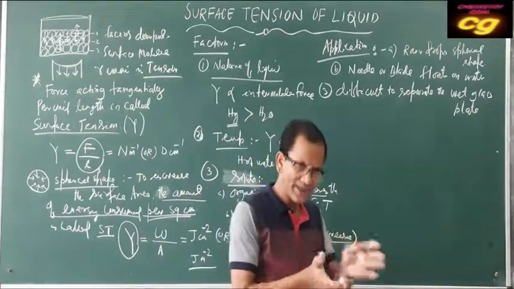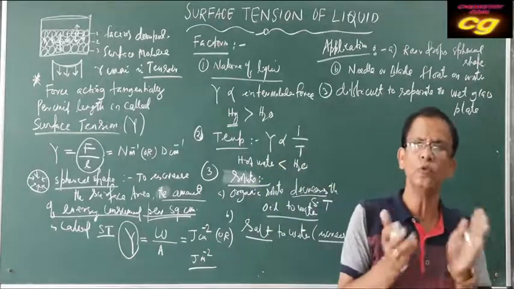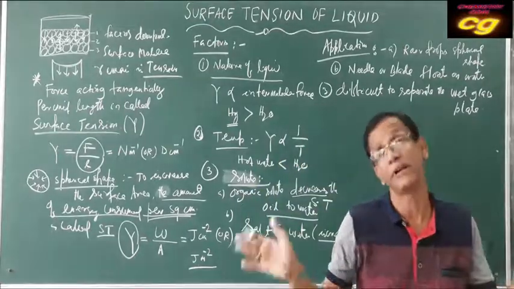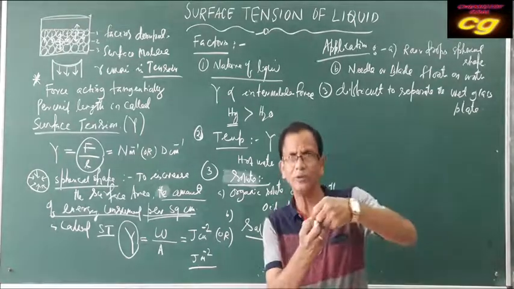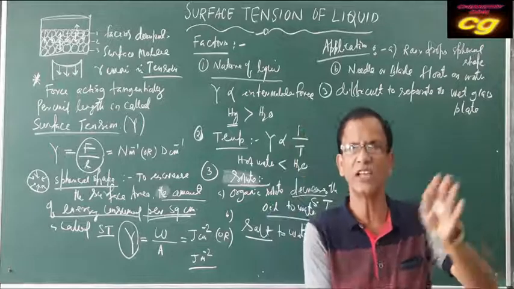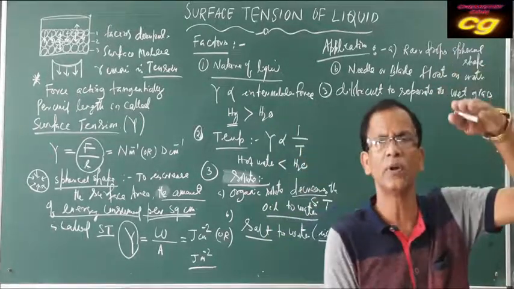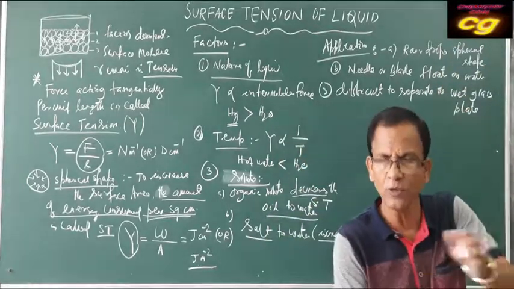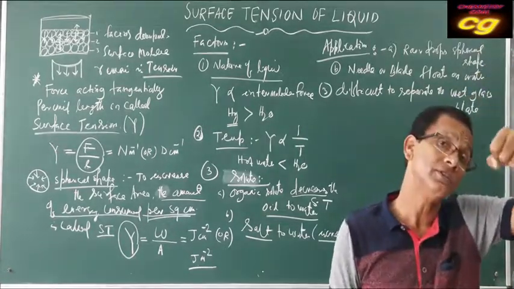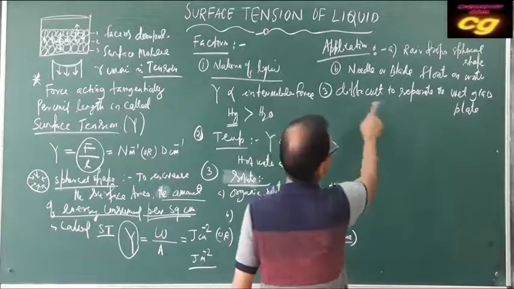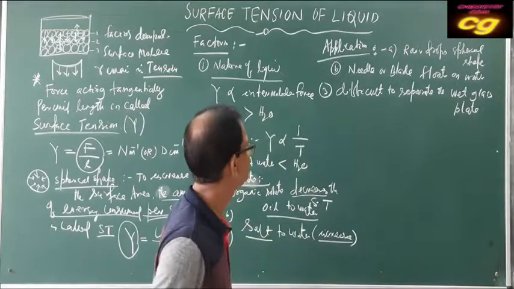If the glass plate is wet, then it is very difficult to separate. This is due to surface tension. Due to surface tension, the water molecules attract the glass plates on both sides, the upper glass plate and the lower glass plate, and in between the water molecules remain. Water molecules attract the glass plate due to what? Surface tension. So it is difficult to separate wet glass plates.